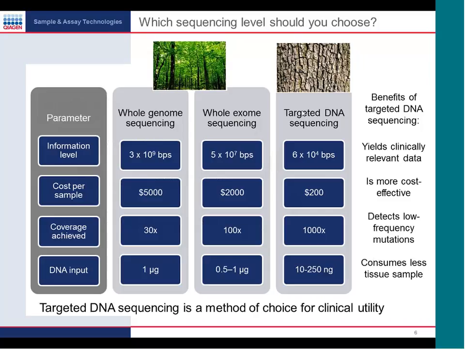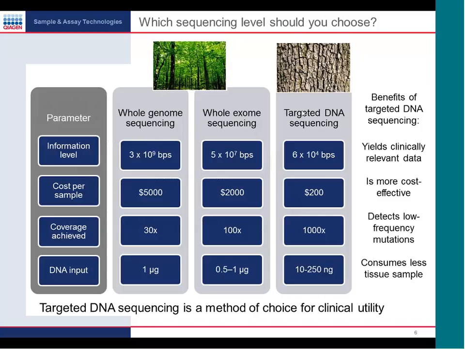By doing targeted DNA sequencing, you can really focus on a genomic region which is clinically relevant. And doing that, the data output is going to be more relevant for your clinical use, and the cost of analyzing per sample is going to be low. And importantly, if you are dealing with tumor samples, we know that there are heterogeneity issues.